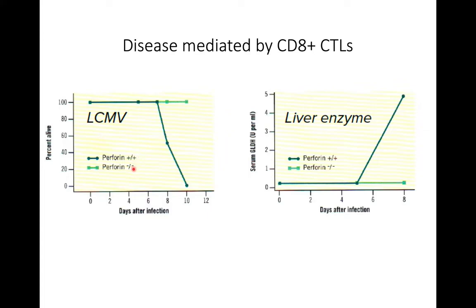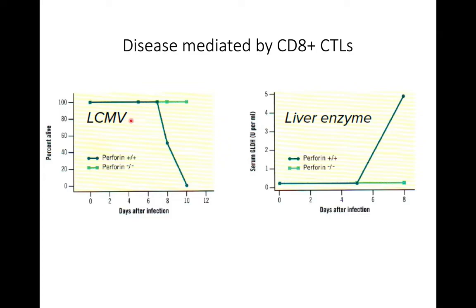They lack the gene for perforin. So over time, at day 8, we start to lose some of our mice that produce perforin, and by day 10, all of those mice have died. However, in mice that cannot produce perforin, they all survive despite infection with LCMV.